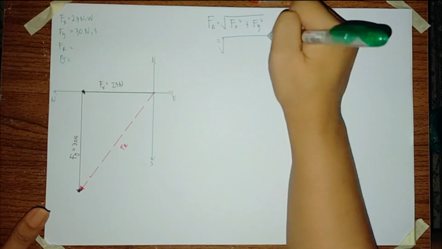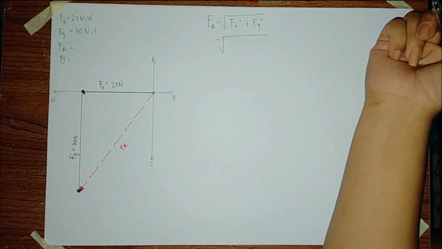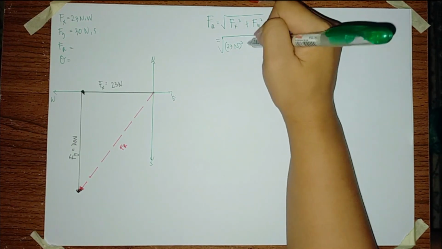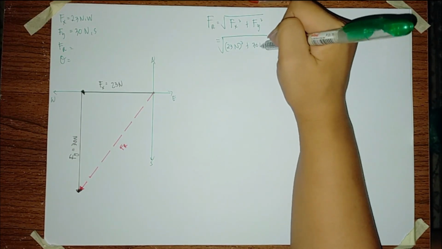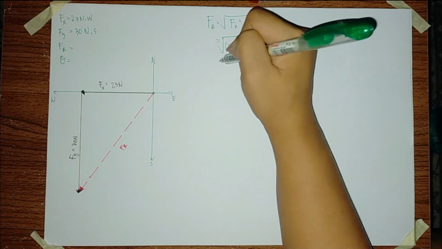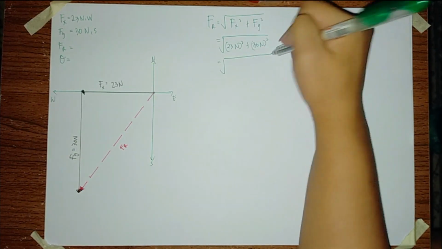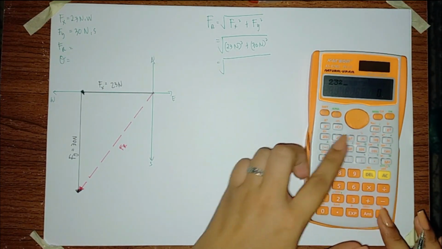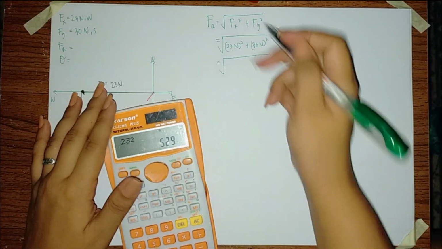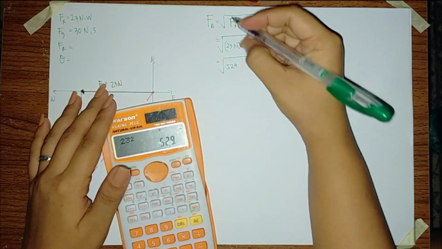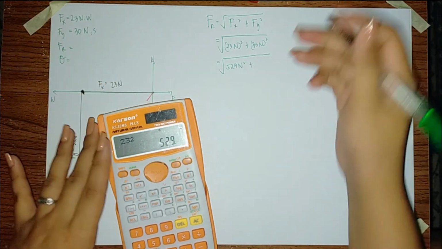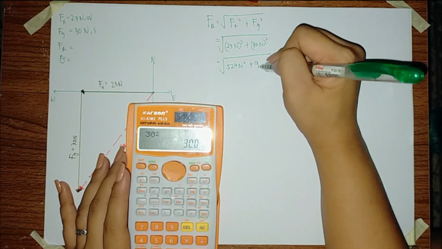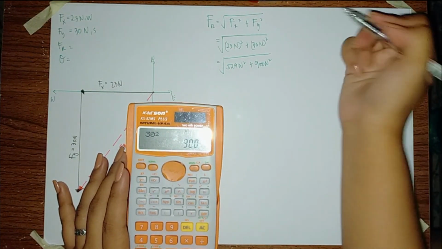Okay, let's substitute the values. So we have 23 newtons squared plus 30 newtons squared. Just square the value. 23 squared is equal to 529. 529 newtons squared plus 30 squared is equal to 900 newtons squared.